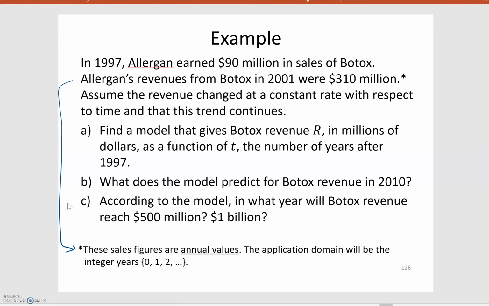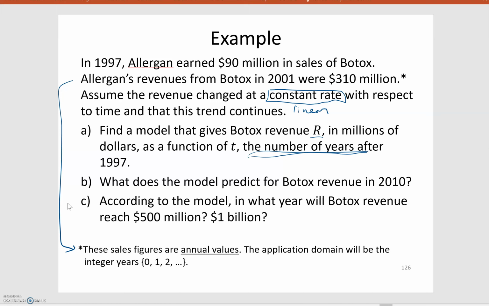Assume the revenue changed at a constant rate, therefore linear, with respect to time, and that this trend continues. So our first task is to find a model that gives Botox revenue R in millions of dollars as a function of T, the number of years after 1997.